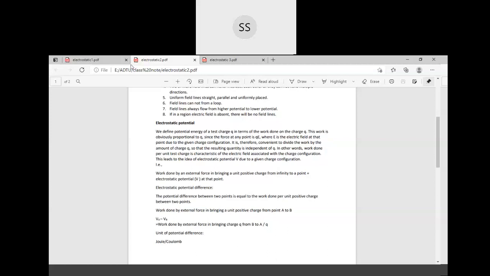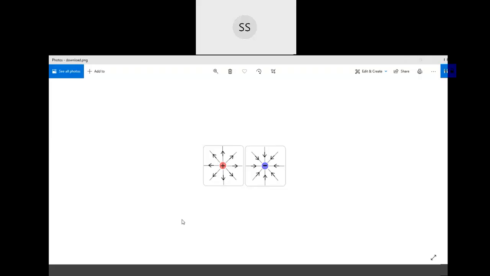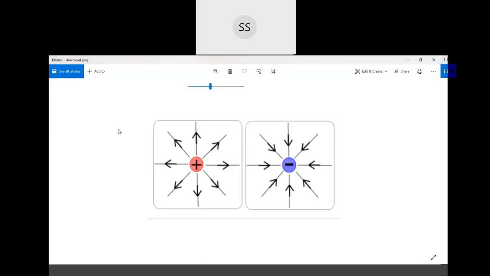Okay, let me explain again using the picture. It shows the electric field lines for a positive source charge.